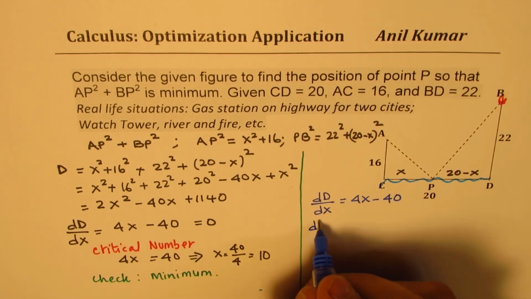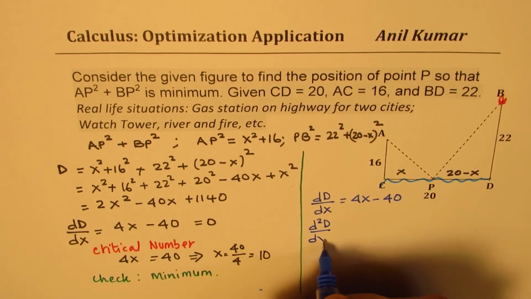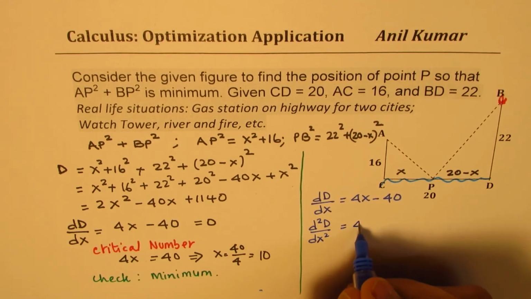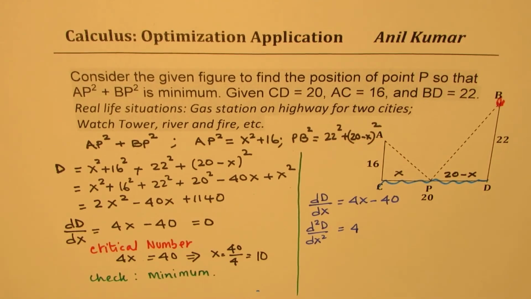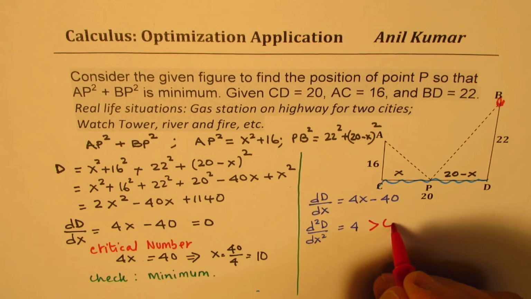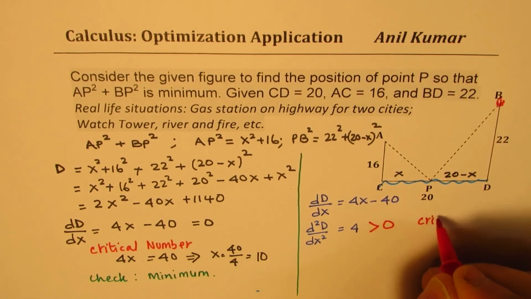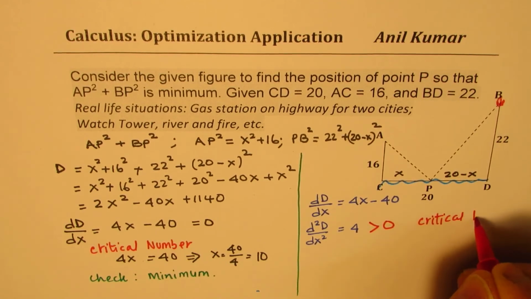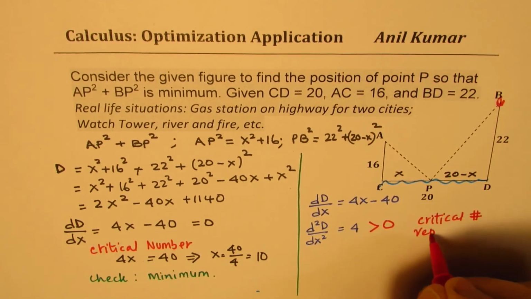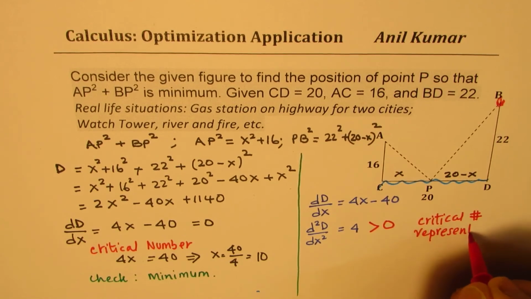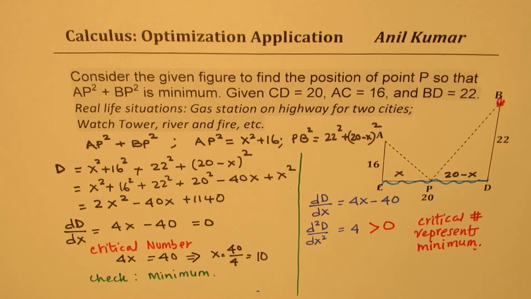So what is its second derivative? So the second derivative is number 4. Now since this 4 is greater than 0, we know that the critical number represents minimum. So that is the second derivative test which confirms that the critical number is indeed minimum, right?